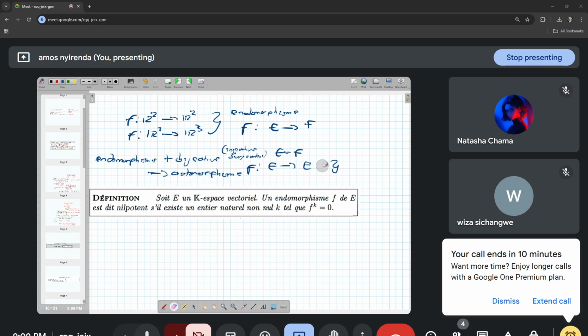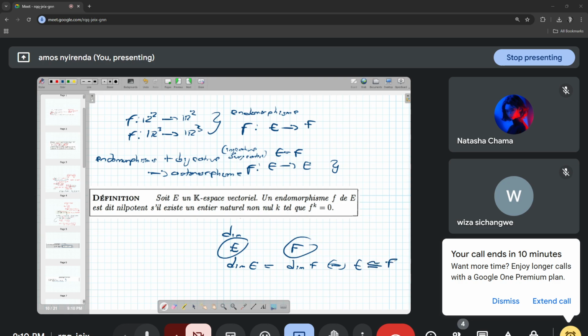We'll look at an isomorphism. First of all, look at the idea of dimensions. When you are given two spaces, let's say some space E and some space F. If the dimension of E is equal to the dimension of F, then we can simply say that these two spaces E and F are going to be isomorphic.